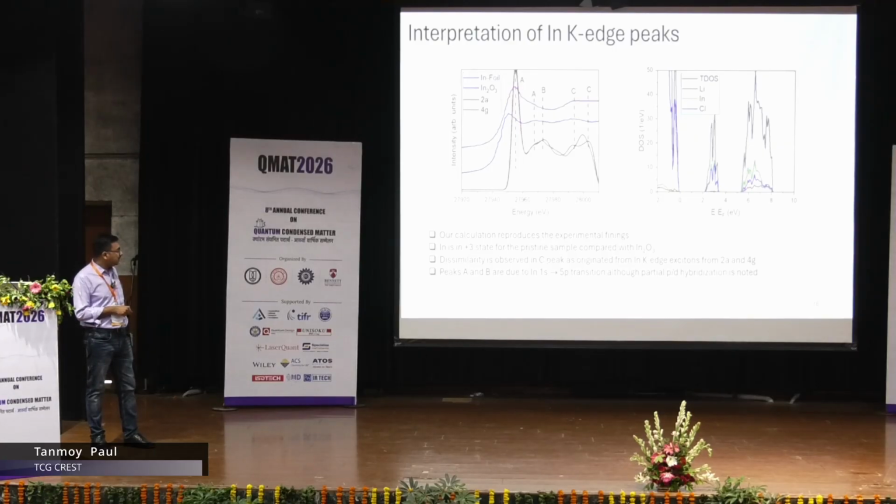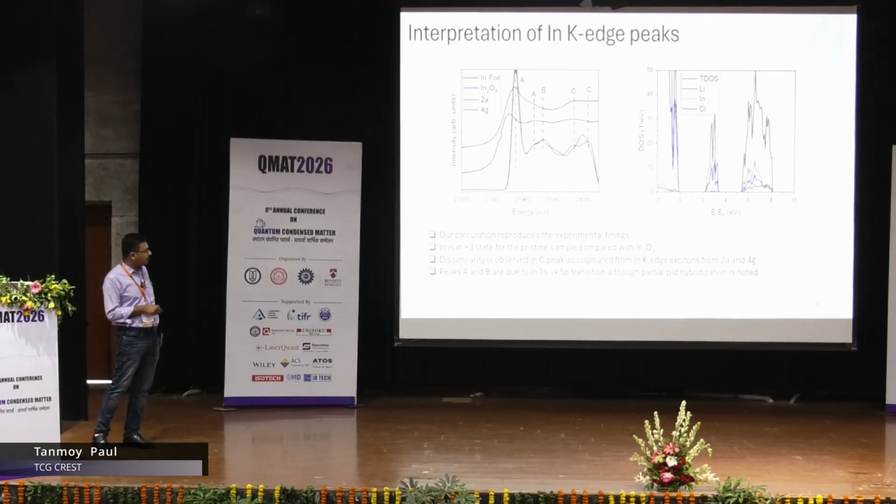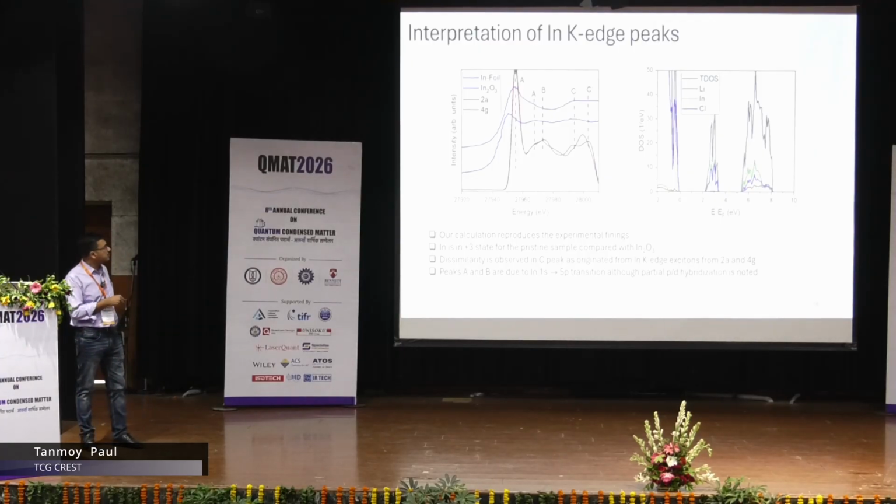For both cases, like 2A and 4G, there is not much difference, only C and C prime that we mentioned here show a small shift. Mostly we see the transition from 1s to 5p in the indium state, which is responsible for the spectral origin.